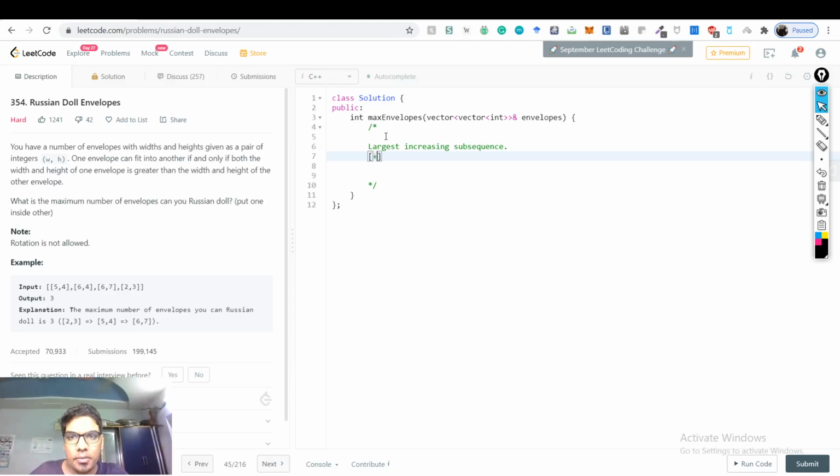Don't mind my spellings, but the largest increasing subsequence is where you are given a sequence. So I'm given a sequence like 1 7 4 9 3 5 0, right?